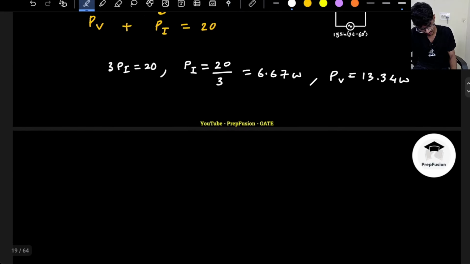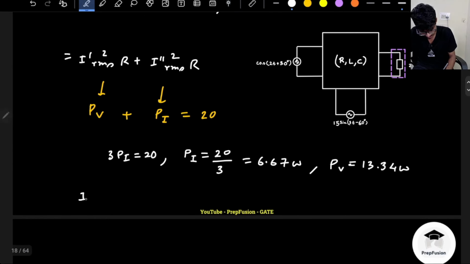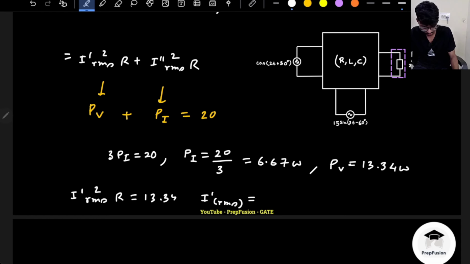In the first case, I dash RMS whole square into R equals to, not 6.6, sorry, it is due to the voltage source. Voltage source is 13.34. So from here my R is 2 ohms, right? So I dash RMS due to the voltage source, I can find out is 13.34 divided by 2, it will be 6.67.